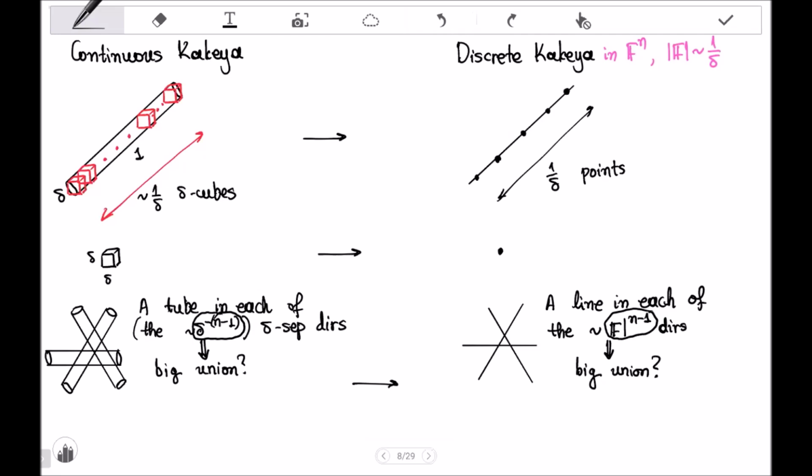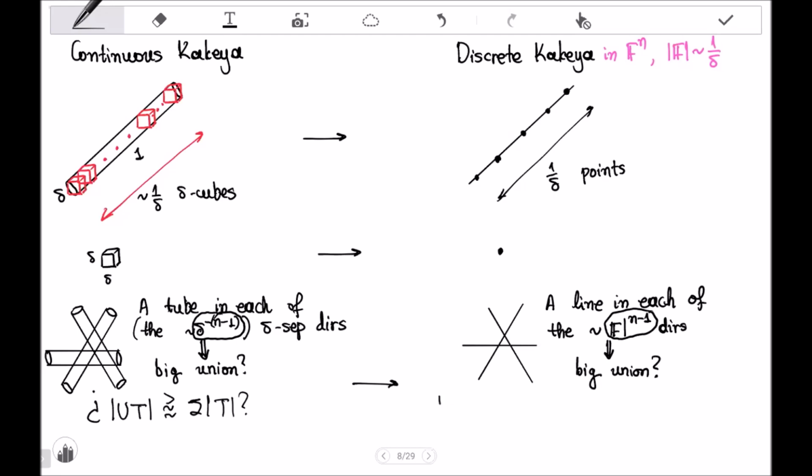Okay, so let's just remember the Kakeya conjecture on the left and create it on the right. On the left, we want to show that the union of these cubes is at least, or pretty much anyway, the sum of the sizes of the cubes. And this is exactly what we'll ask in the discrete world.